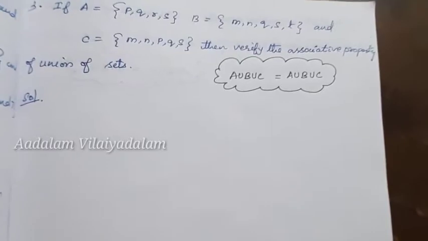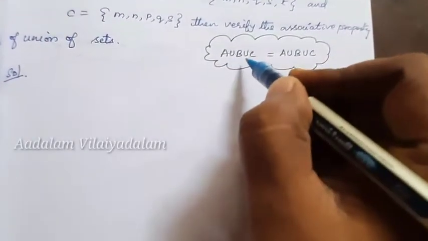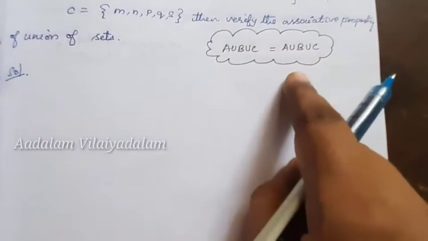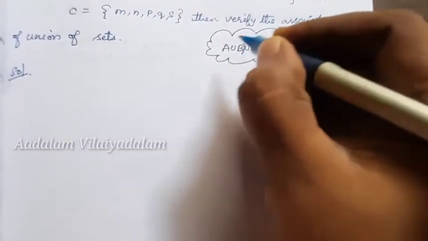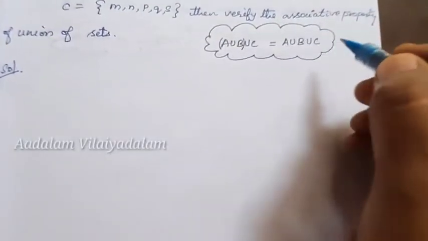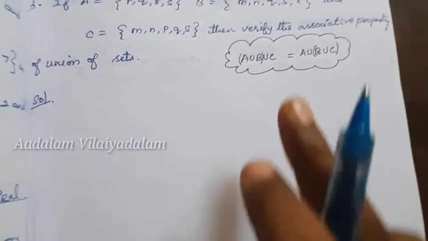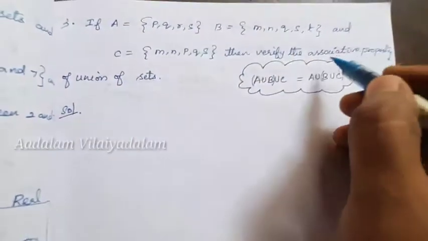So we can remember the associative property, that is, A union B union C equal to A union B union C, but one thing is missing. What is it? The brackets. You can easily remember: if we join A union B, then we can write it with B union C. So this is the required associative property for the union of sets.